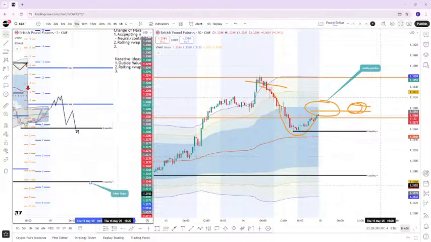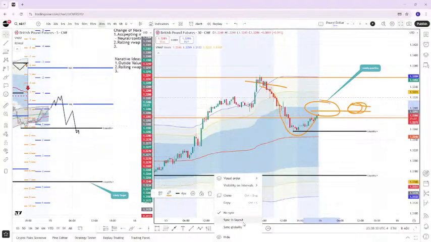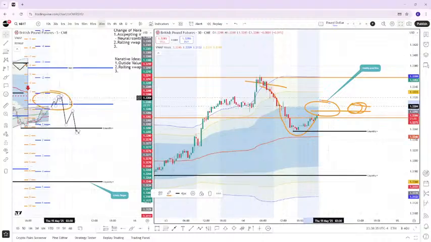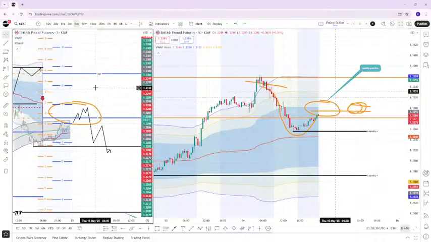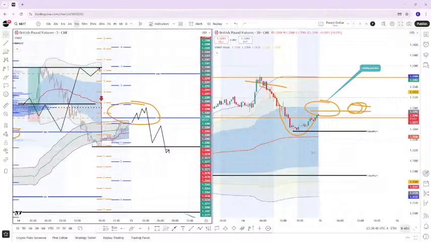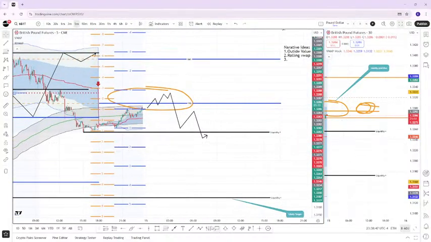And then where I'm trying to get in from, I'm going to overlay this. So it'll be up here. I'm going to mark out some exact points where I'd like to be short from. And times.